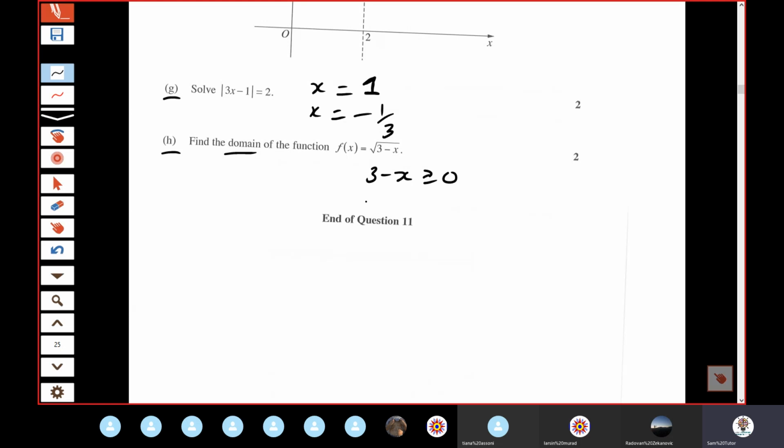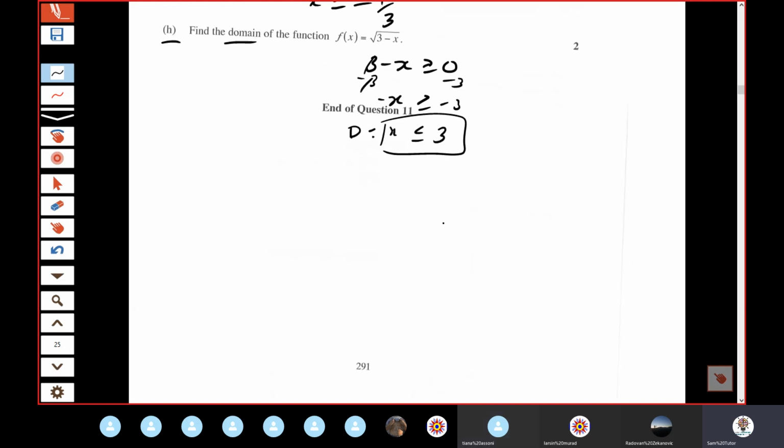Yep, is that what you're saying? Yeah. Minus 3, minus x greater than or equal to minus 3, x is less than or equal to 3. As long as x is smaller than or equal to 3, this will always be a positive number. If it wasn't, if it was 4, 3 take away 4 is negative, it stuffs up. All good? Any questions there?